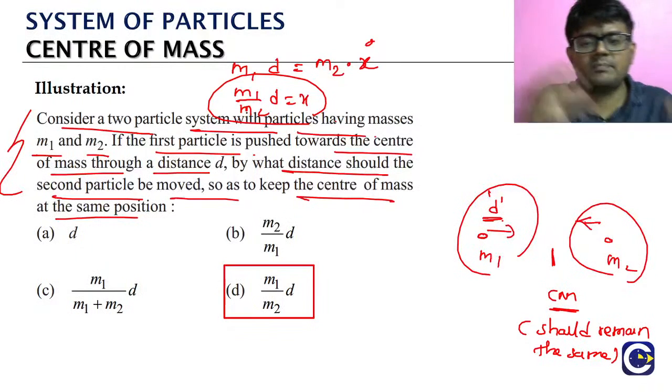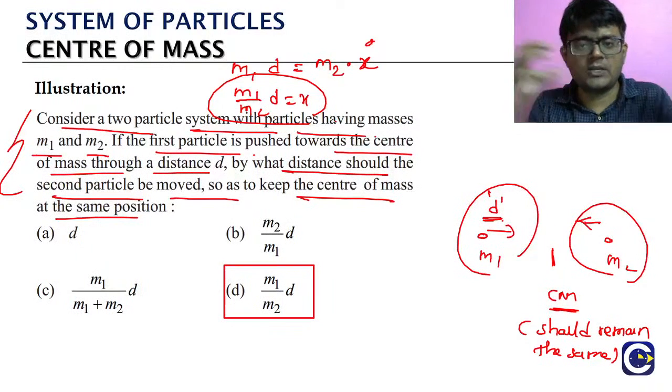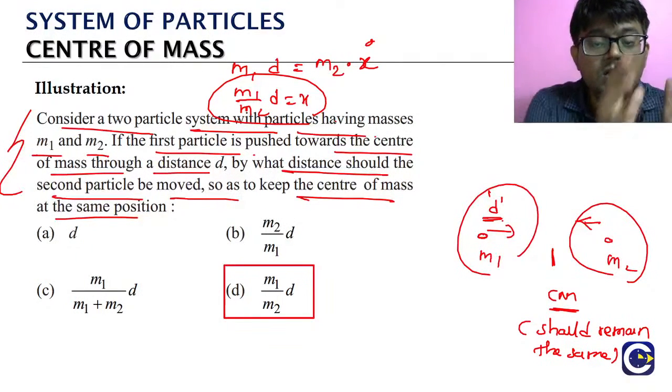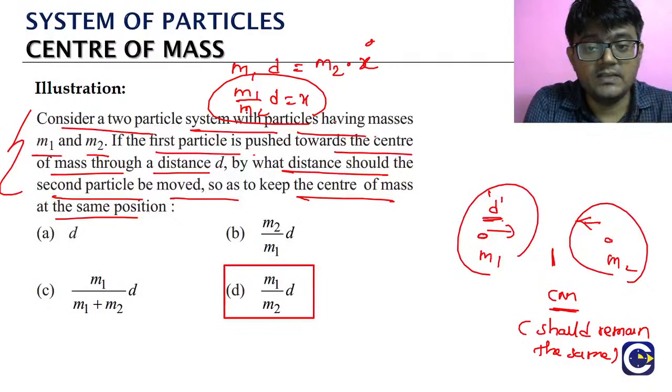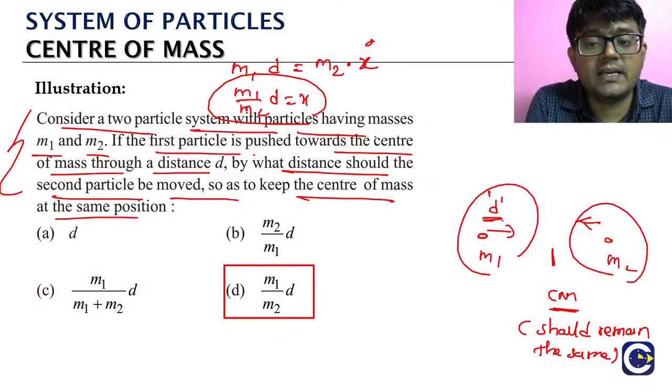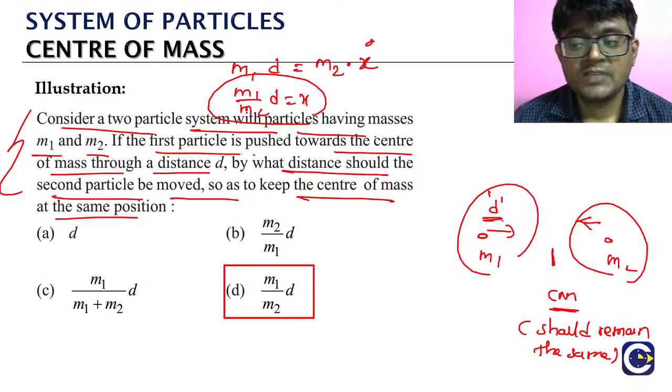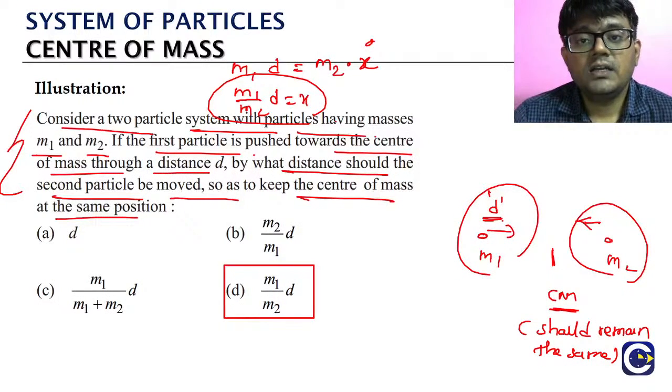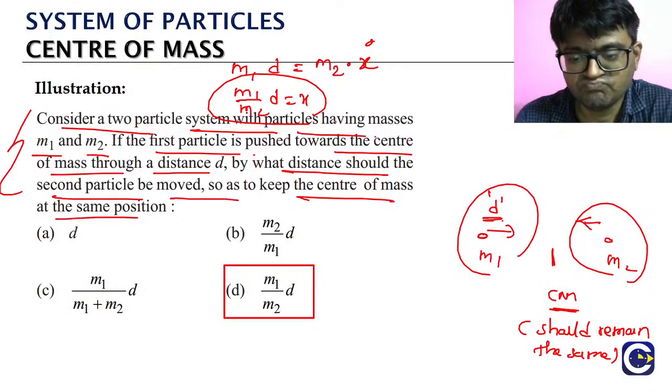So let us say the second particle moves a distance x towards the center of mass. Then what happens? The moment of mass created by the movement of particle 1 will be exactly compensated by the moment of mass for particle 2. So the center of mass will remain in the same position.